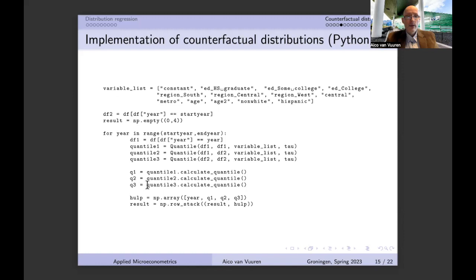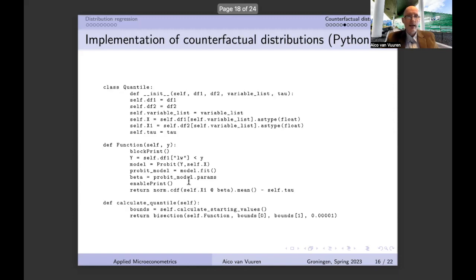And then we are going to formally calculate those quantiles. How are we going to do so? Well, that's actually at the next slide. Here I have introduced a class. Classes are actually very nice with respect to Python. You can do object-oriented programming.